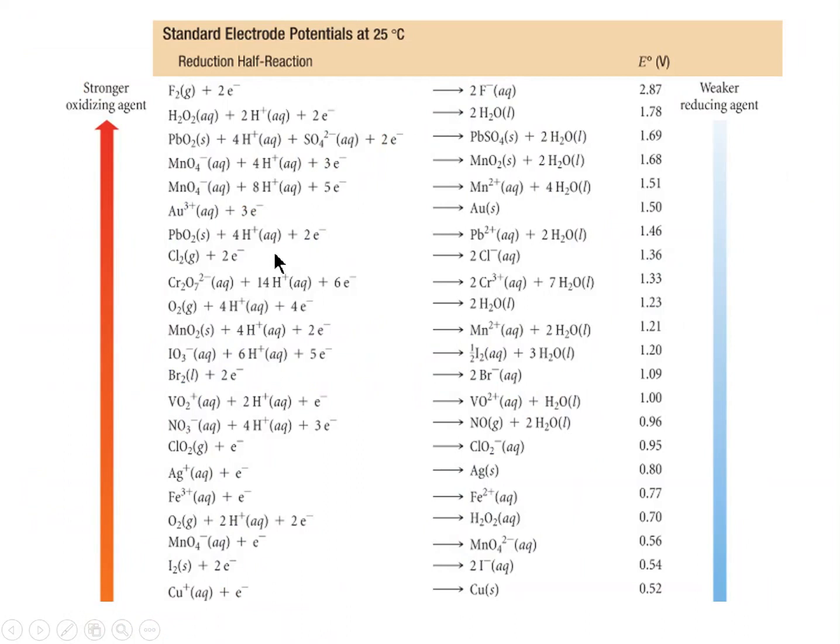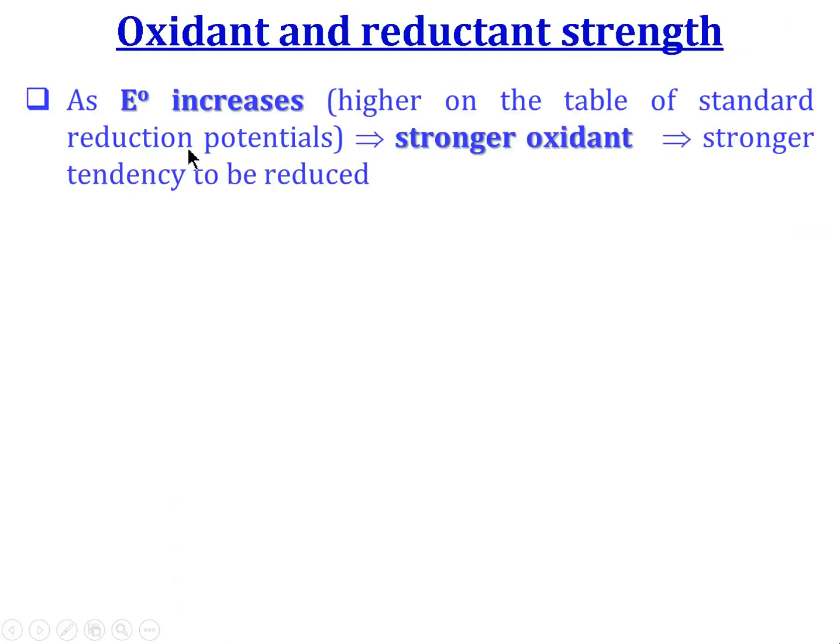In this table, we have the standard electrode potentials at 25 degrees of different couples, and as E0 of the couple increases, the oxidant is stronger and the reductant is weaker. As E0 of the redox couple increases, so higher on the table of standard reduction potentials, that means it's a stronger oxidant, with a stronger tendency to be reduced.